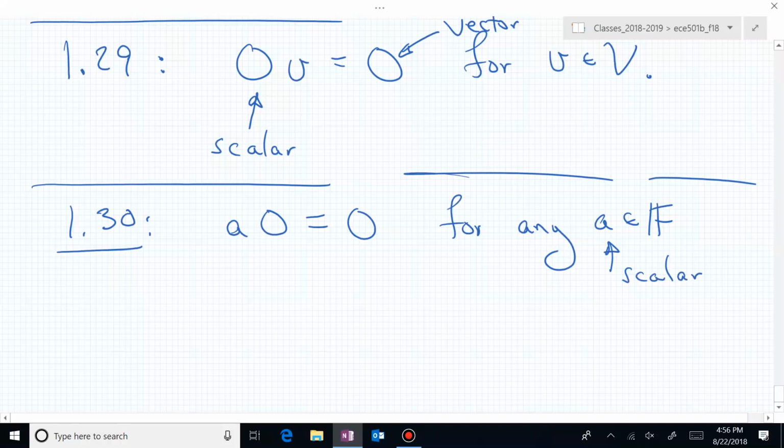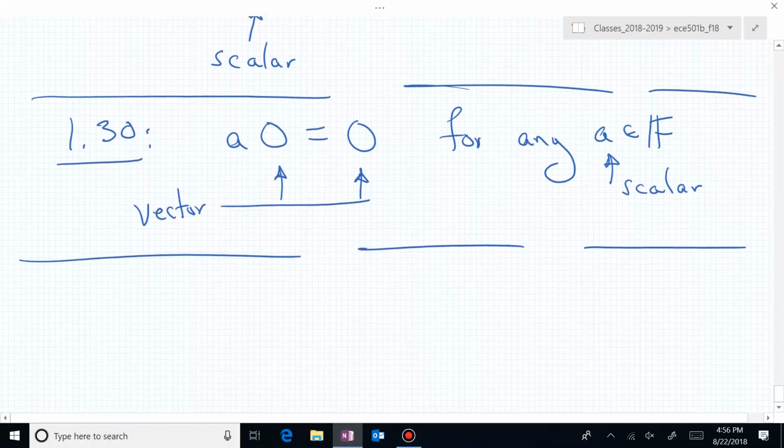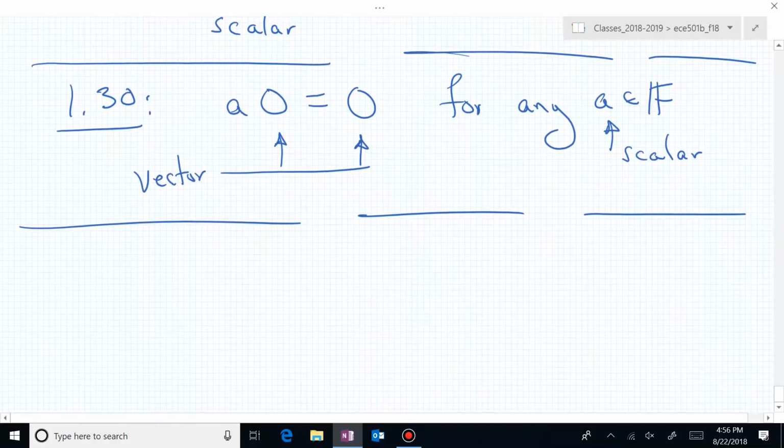Is 0 like in 1.29? On one side it's one thing, on the other side of the equality it's another. No, here it's a vector on both sides. So you have to be able to look at the expression and infer what 0 corresponds to in the appropriate example.